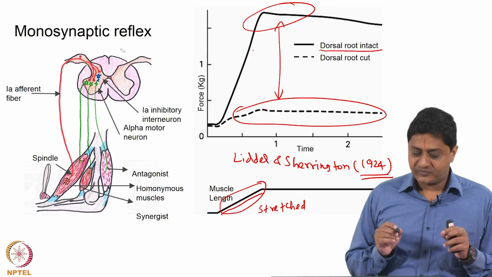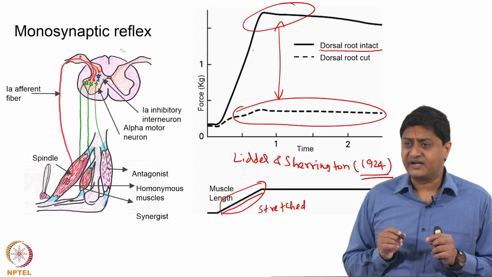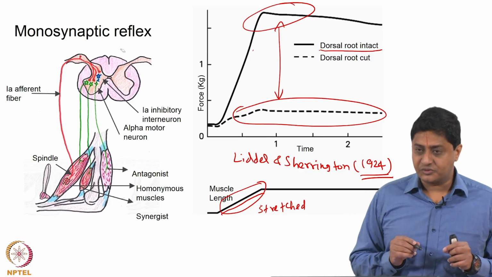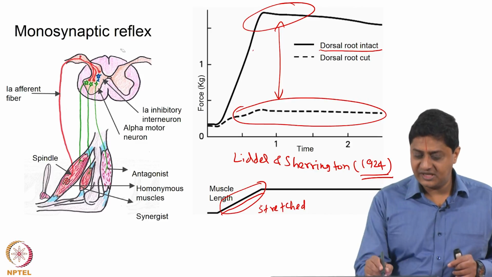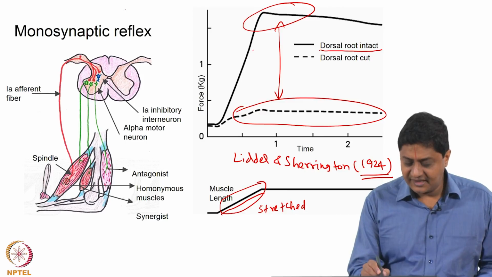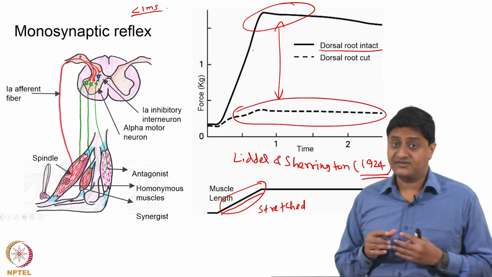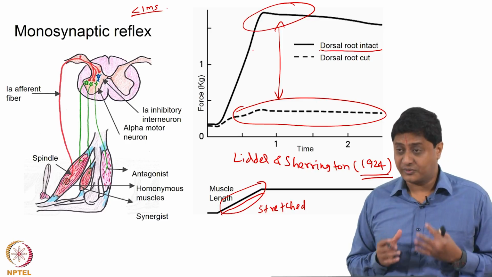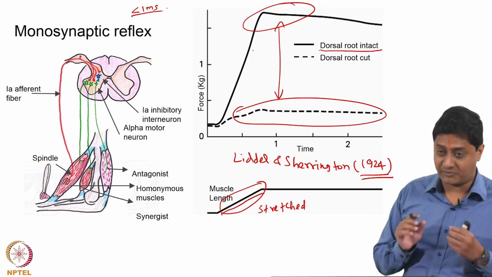If you excite the 1A afferent at the dorsal root, the response at the ventral root of the corresponding alpha motor neurons is found at slightly less than 1 millisecond, and since we know that synaptic transmission takes about 0.5 to 0.8 or 0.9 milliseconds, this must essentially involve a monosynaptic pathway.